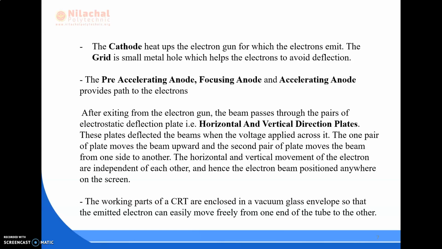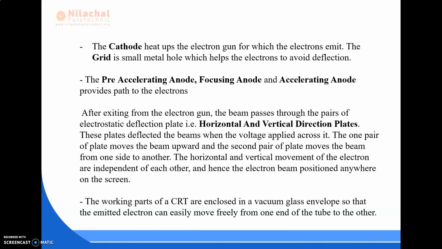After exiting from the electron gun, the beam passes through a pair of electrostatic deflection plates, which are known as horizontal and vertical deflection plates. These plates deflect the beams when the voltage is applied across them.